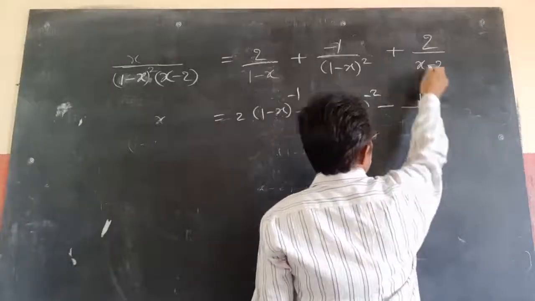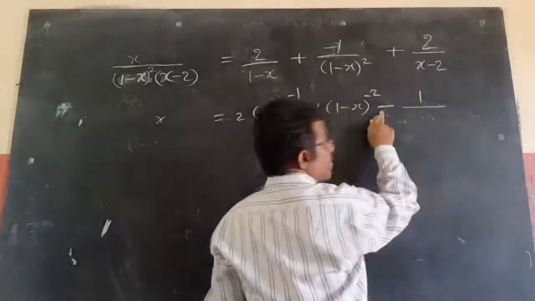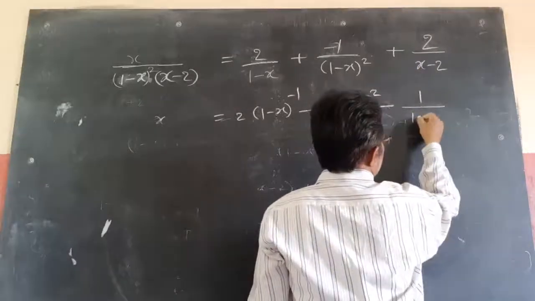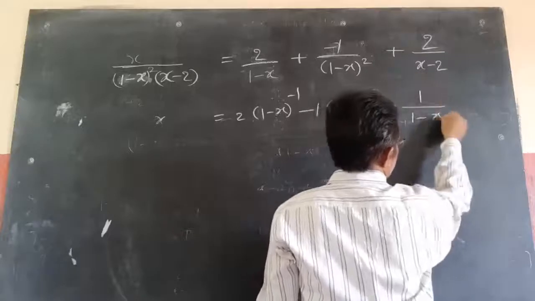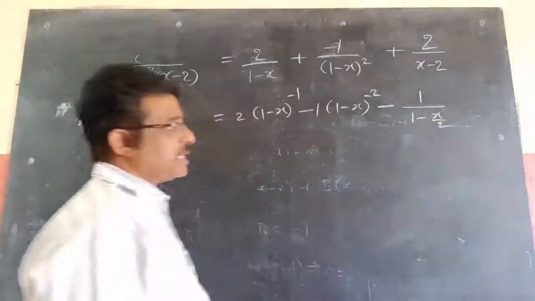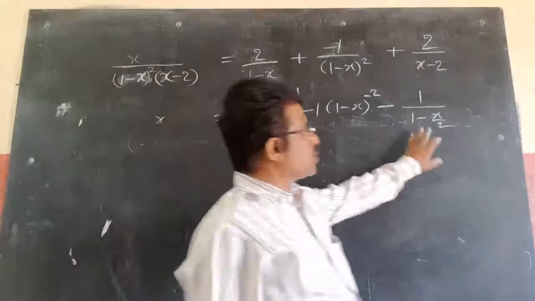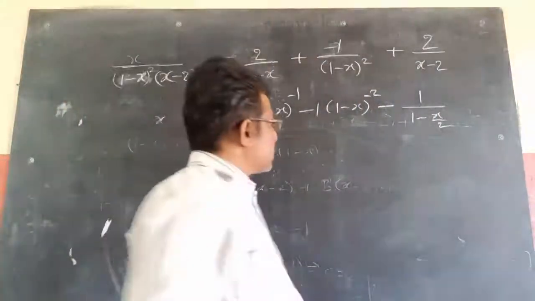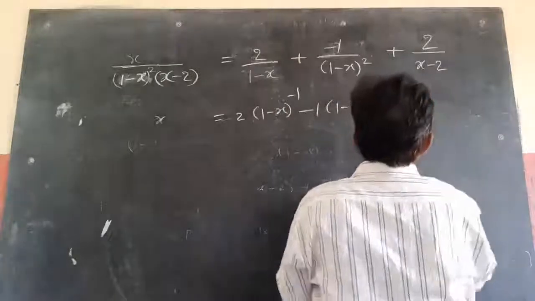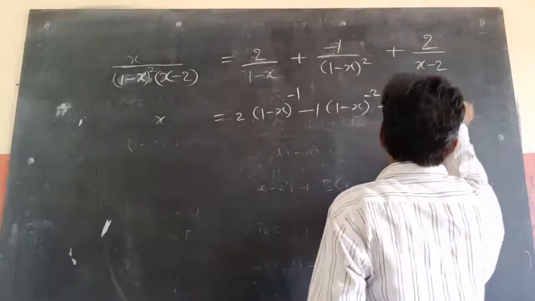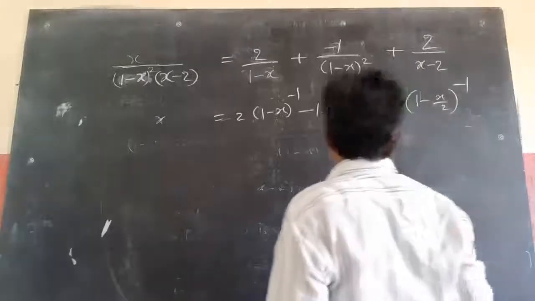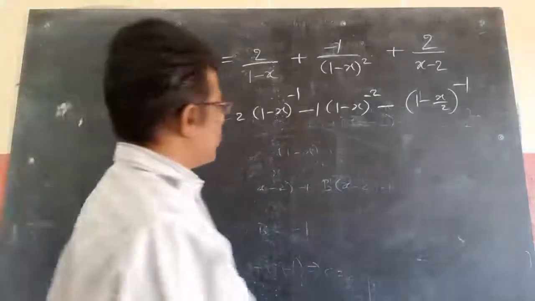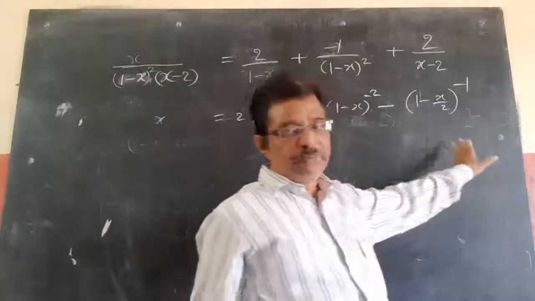So it becomes minus 2, and 2 gets cancelled, minus 1 in the numerator, divided by 1 minus x by 2. Now this goes to the numerator, becoming 1 minus x by 2 whole power minus 1. Now I need the coefficient of x power n in this sum.